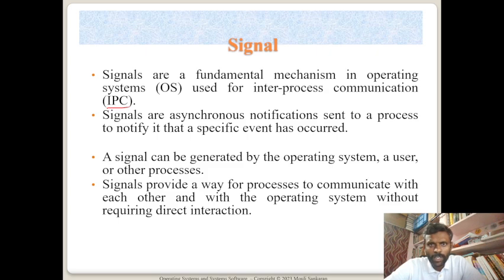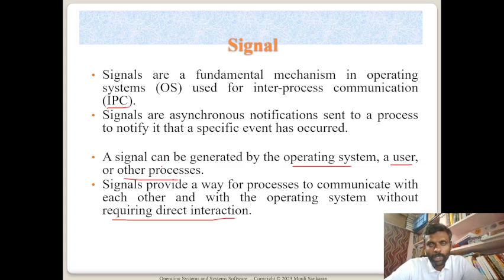Using signals, one process can communicate with another process without requiring direct interaction. A signal can be generated by the operating system, a user, or another process. For example, as a user you can generate a signal and send it to another process.